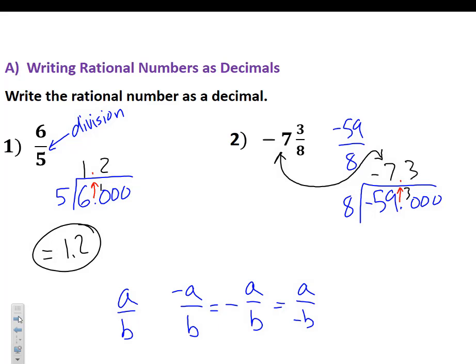That's 24, 6 left over, 8 goes into 60 7 times, 56 gives me 4 left over, and 8 goes into 40 5 times evenly, so we're done. We have a terminating decimal, so as a decimal, -7 3/8 is equal to -7.375. Outstanding. Copy those down and join me on the next slide.